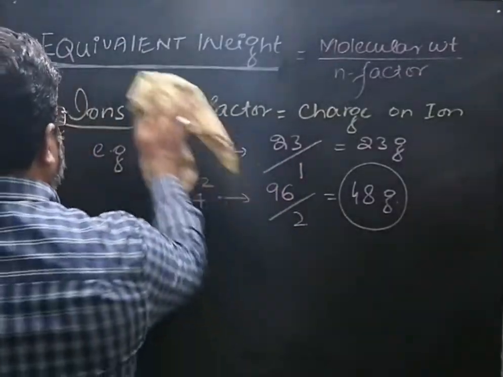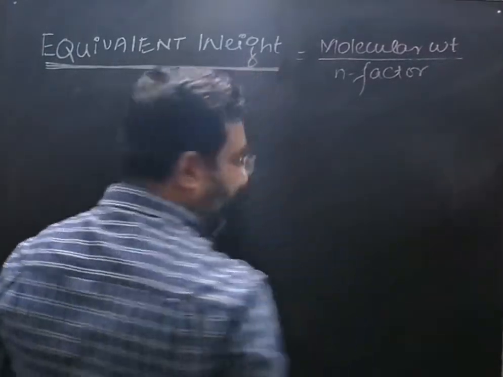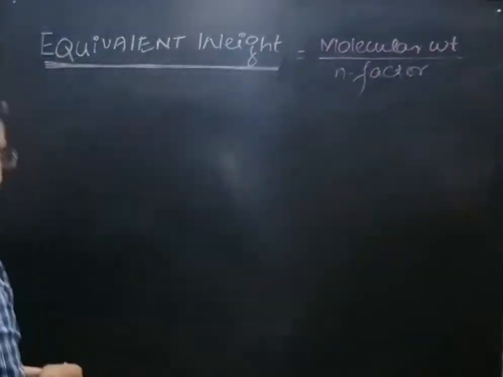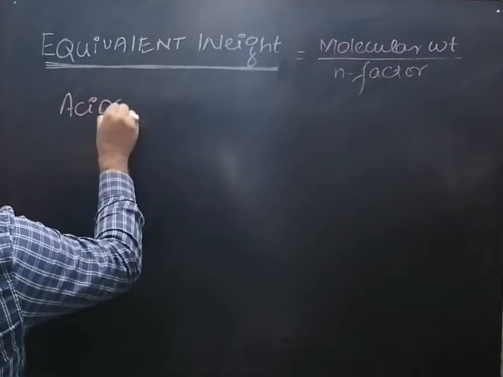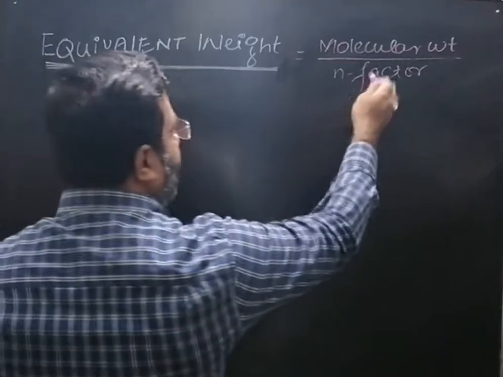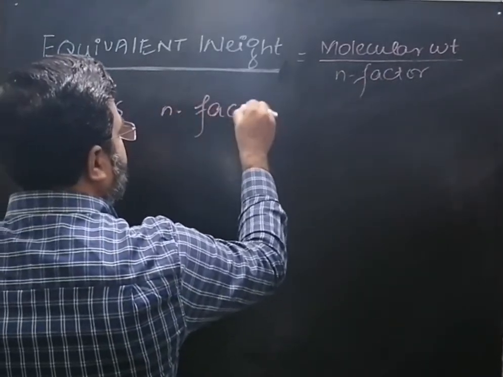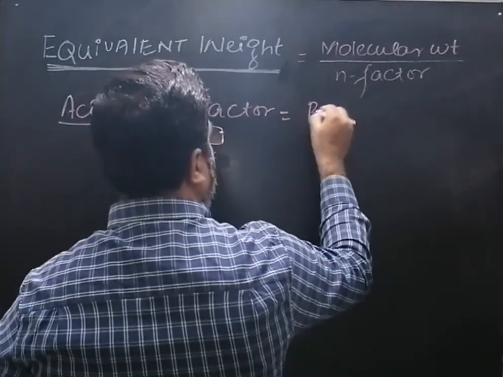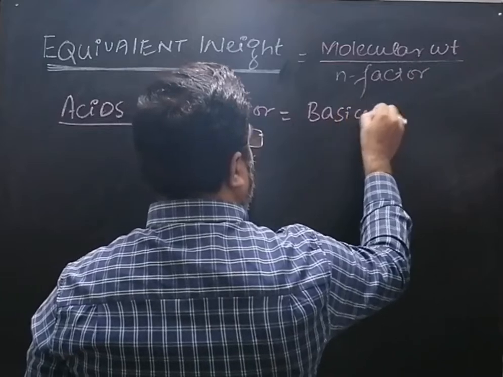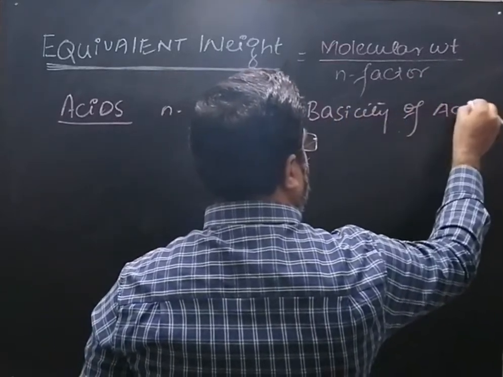Now let us move towards the third part, that is how can we find the equivalent weight of acids. What is the n factor? In case of acids, the n factor is equal to the basicity of the acid.